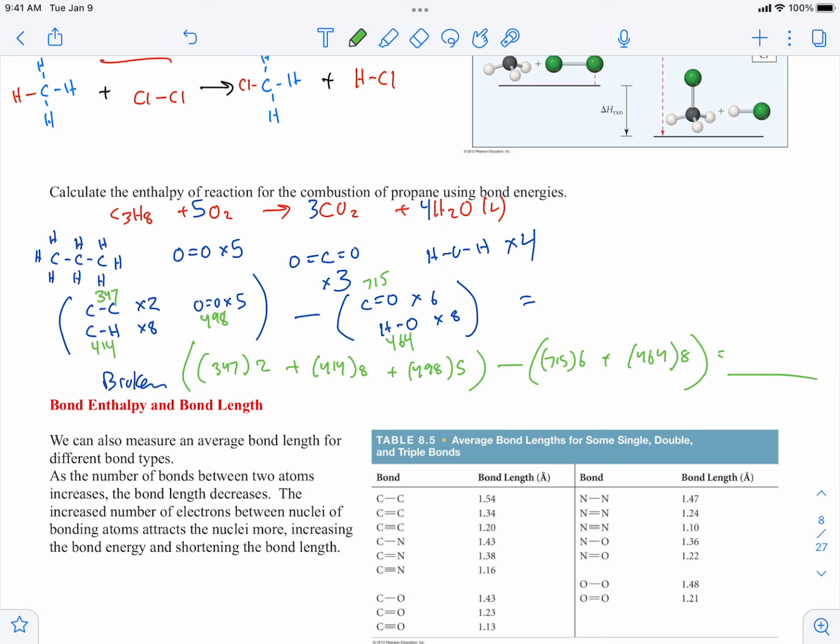Okay, somebody chug those out. Negative 1,506. 1,500 what? And 6? Okay.